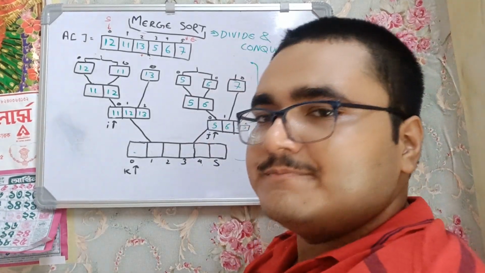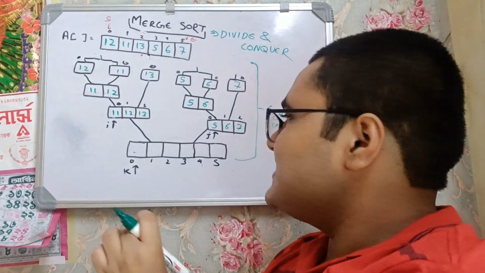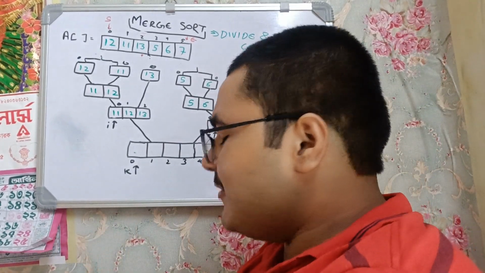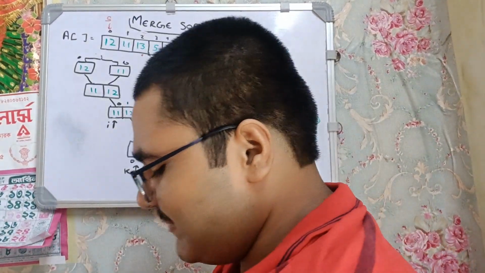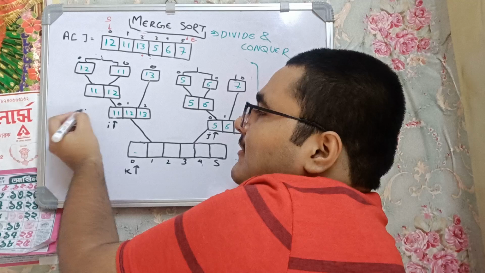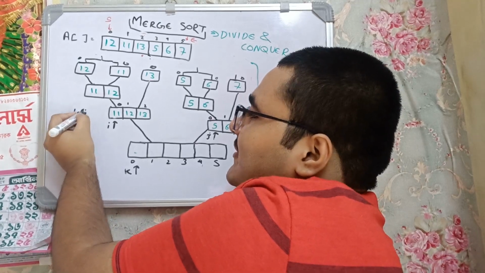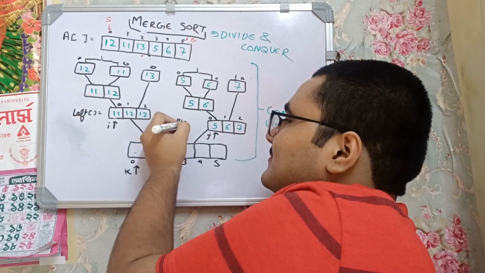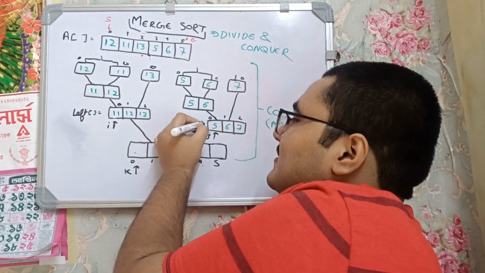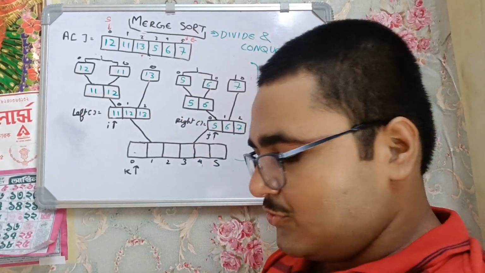So as small the element is, that will come first in the array. Now just check from here. Suppose this is the left array, I am naming it left, and this is right. How are we actually doing it?